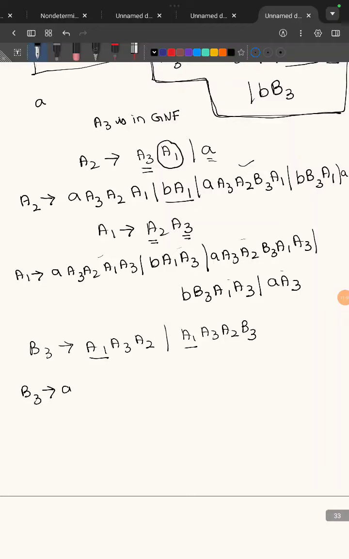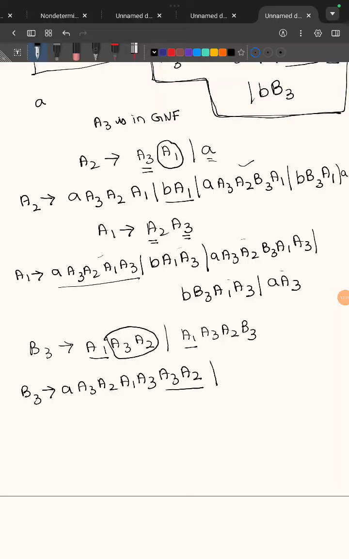So first it is A3, A2, A1, A3. The first rule I have written this entire thing. Now what is the remaining? The remaining is this A3, A2, right? That also you have to write. Basically you will be writing everything from your A1 production rule, followed by which we will attach this A3, A2 because that is present in your B3 rule.